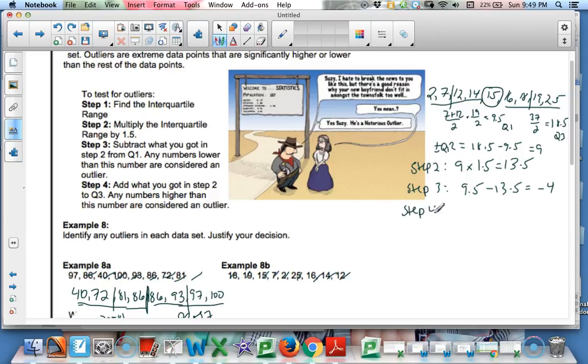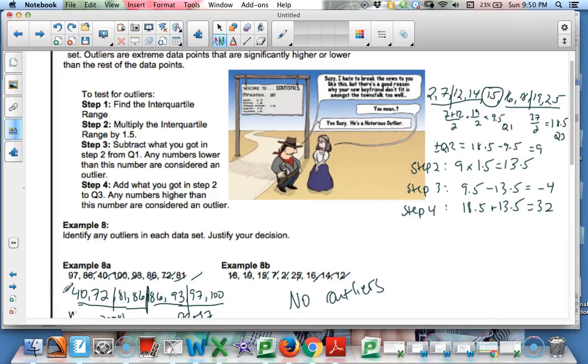For step 4, I am going to add this value I got in step 2 to my third quartile. Well, my third quartile is 18.5, so I'm going to add 13.5 to that, and I get 32. Well, my highest number here is 25, so that means I have no upper outlier either. So I don't have any outliers in this example.